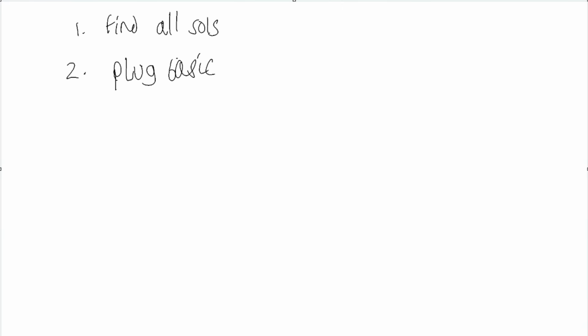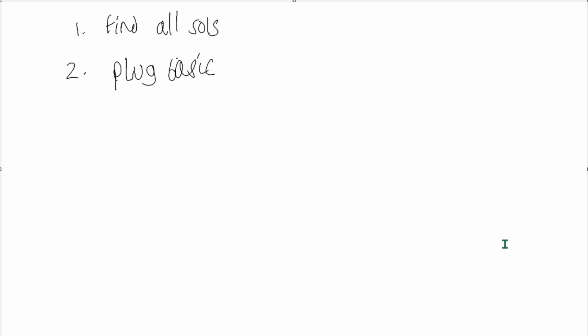What I mean by plugging basic things in is to try plugging in all the standard things, so to speak. As I said earlier, you can plug in 0 as much as you want to, unless you can't at all. And you can also plug in things like x equals 1, y equals 1, x equals negative y, x equals y, and so on and so forth. Whatever you think of off the top of your head.